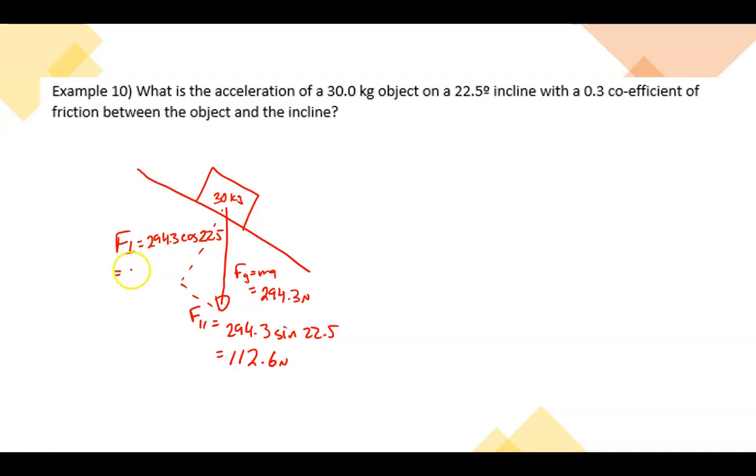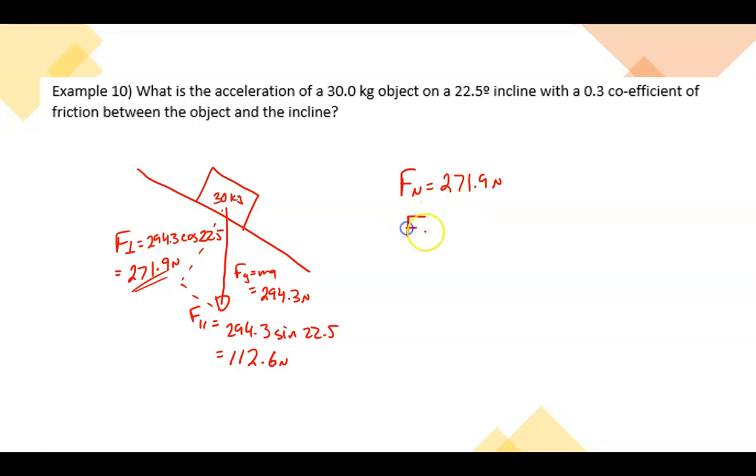And the other one is 271.9 newtons. Okay, this being proportional, equal, and opposite to normal force means that to find the normal force, it's just going to be equal to 271.9 newtons.